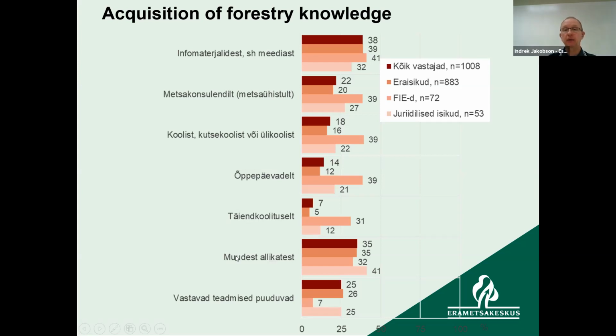And of course, without any special knowledge, it was the strangest answer that nearly 25% of legal persons said they don't have any forestry knowledge. It's strange, and we have to believe that it's so.